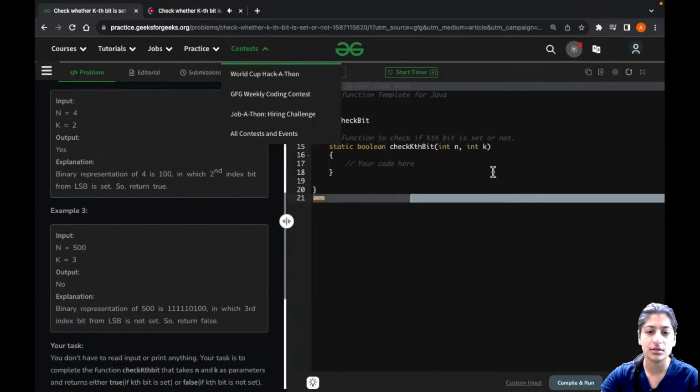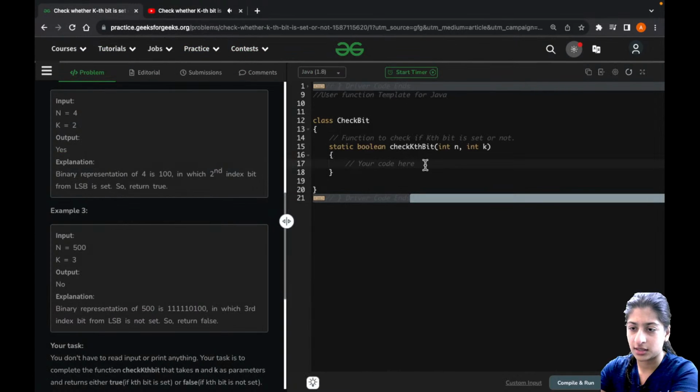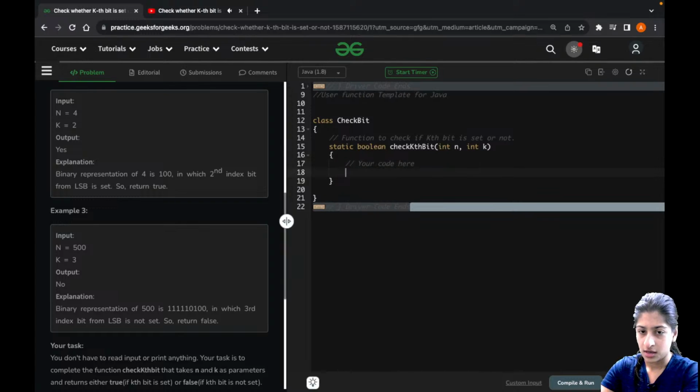Okay, so let's see the code also. By the first method, what was the first method? I am simply doing, let's say, int x equals 1 left shifted k times.